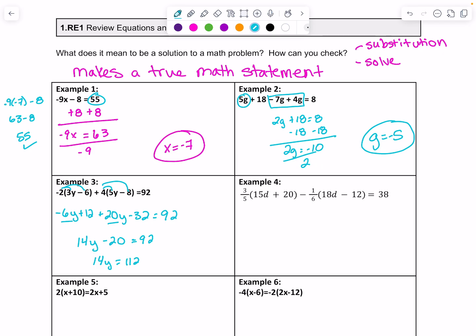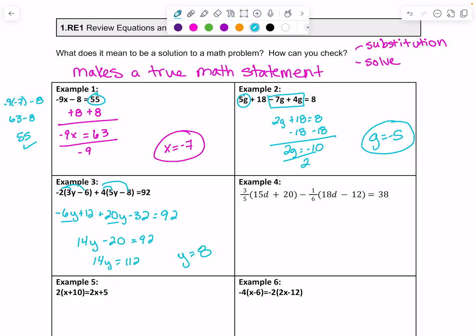I believe that is it? Oh gosh, my brain, and I left my calculator out there. I should be able to do this in my head. Is it 8? 112 divided by 14, I believe, is 8. Yes, it is.